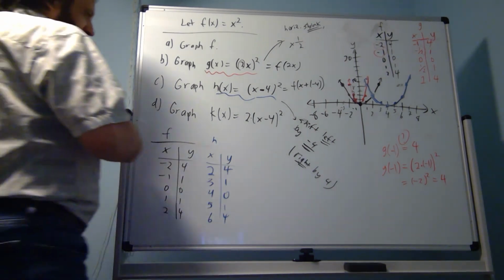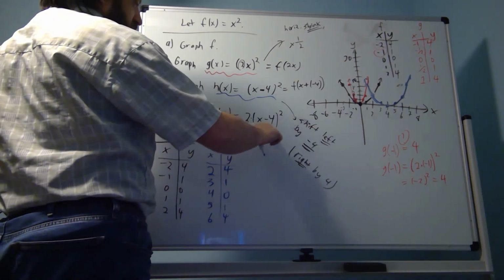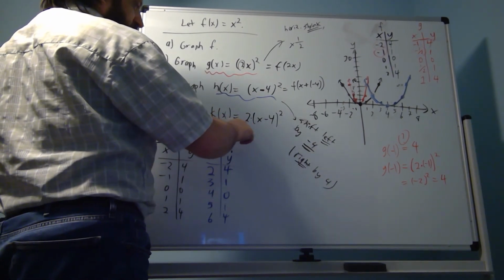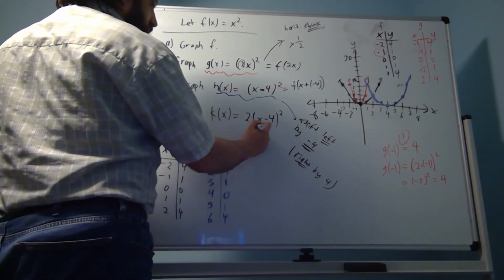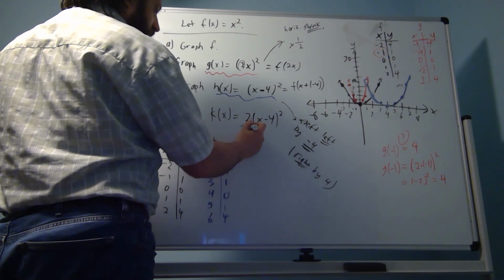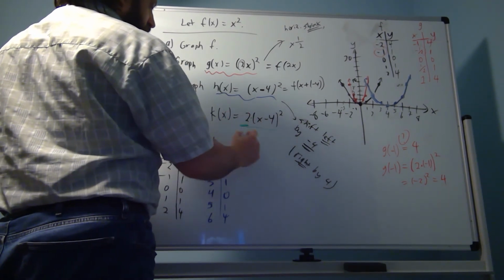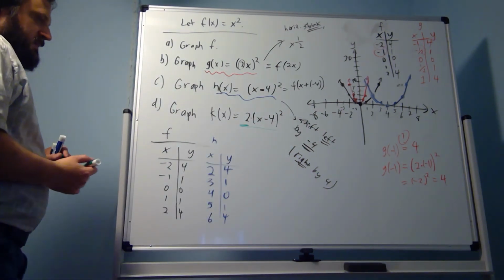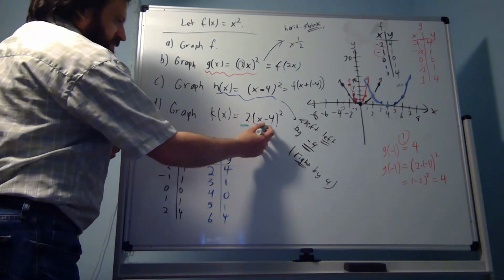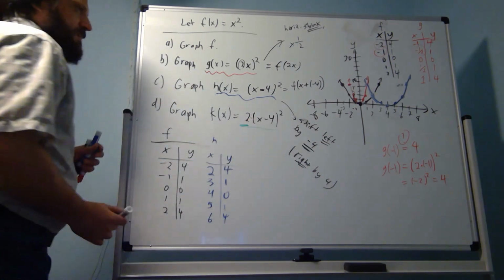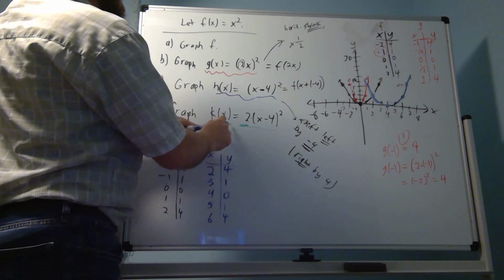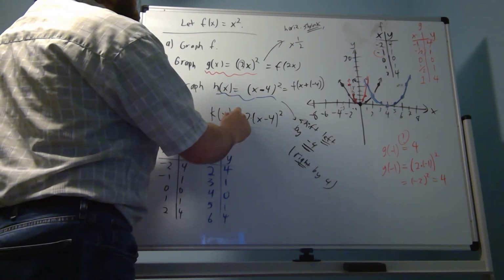And then some problems are like this. They'll multiply on the outside. So you've already applied the function, and the new thing is you multiply or add after you've applied the function. So if you apply a function and then you multiply by 2, well, now k is like h, but you've done one more thing.